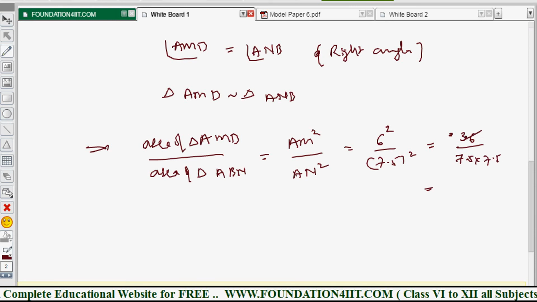You can simplify, 3 table cancel it, 3 12 is 36, 3 2 is 6, 5. Again 3 table, 3 4 is 12 and 2.5. So finally 4 by 2.5 into 2.5, that is 6.25.